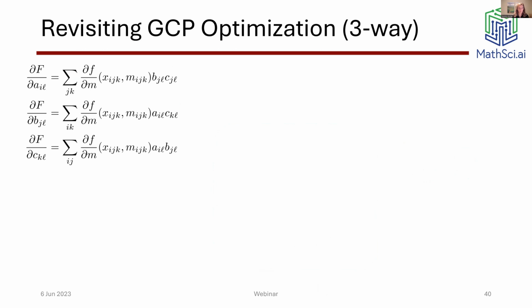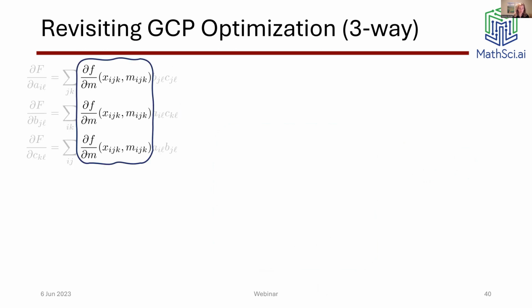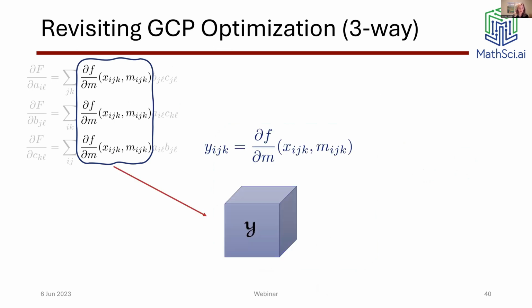In this gradient calculation, the way I think of it is, if we were to compute this thing explicitly, we'd have a dense tensor, which I'll call Y, made of the pieces we need to compute the gradients. You can think of it as taking the derivative of that little f with respect to m, and filling in this tensor Y with all of the values from this partial gradient.